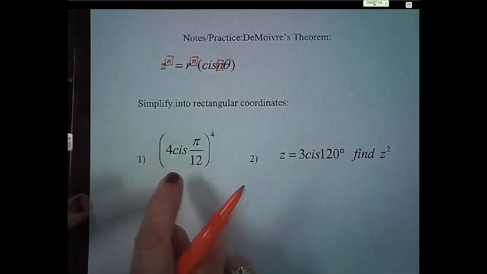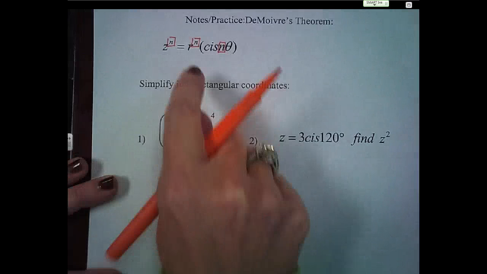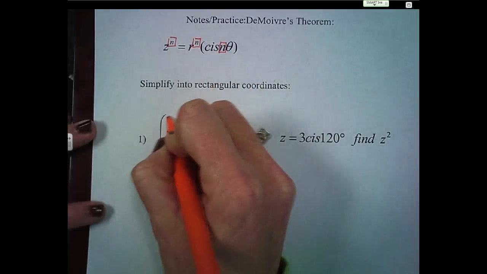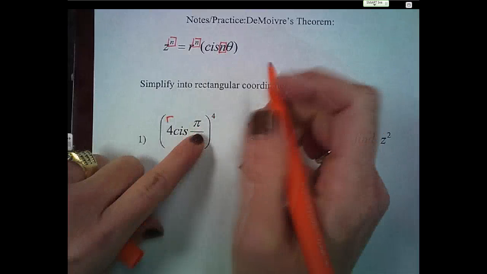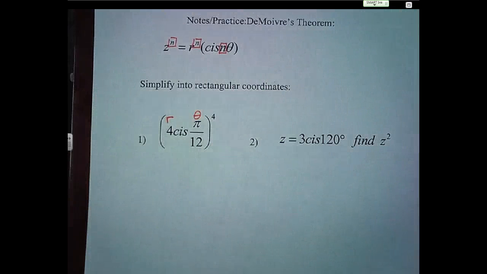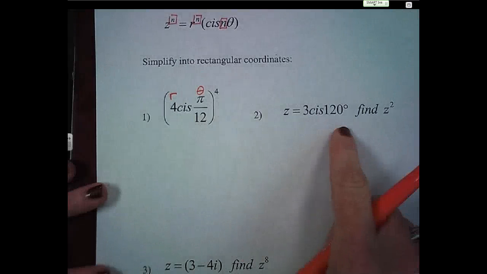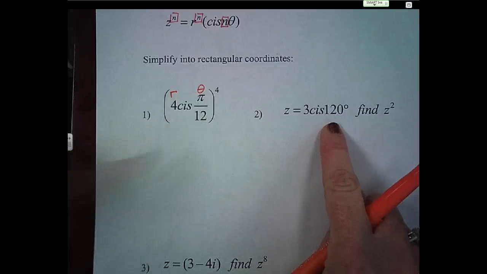CIS is polar. This is considered polar form because the formula calls for r to the nth power, well, this is r, and it calls for n, which is the exponent, times theta, and this is theta. On your notes, if you look carefully at numbers 1 and 2, they are already in what form? CIS. So half the work is finished.